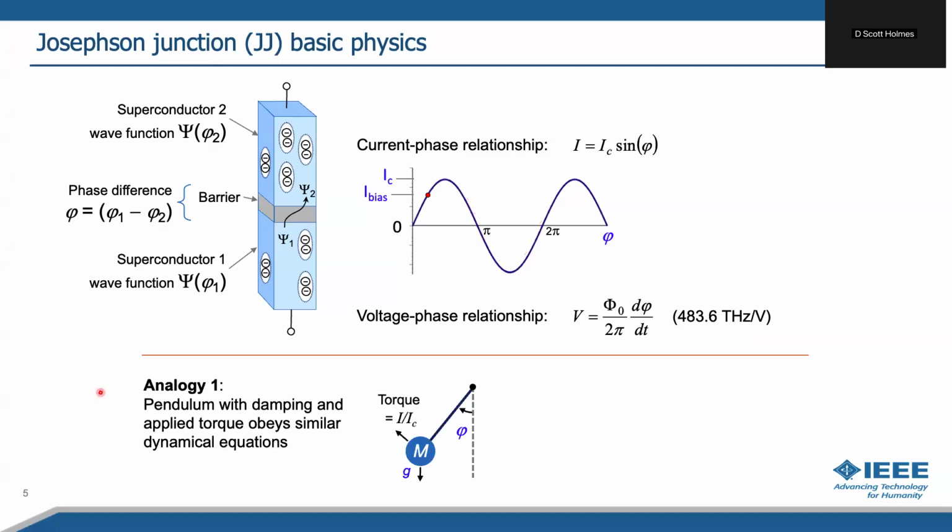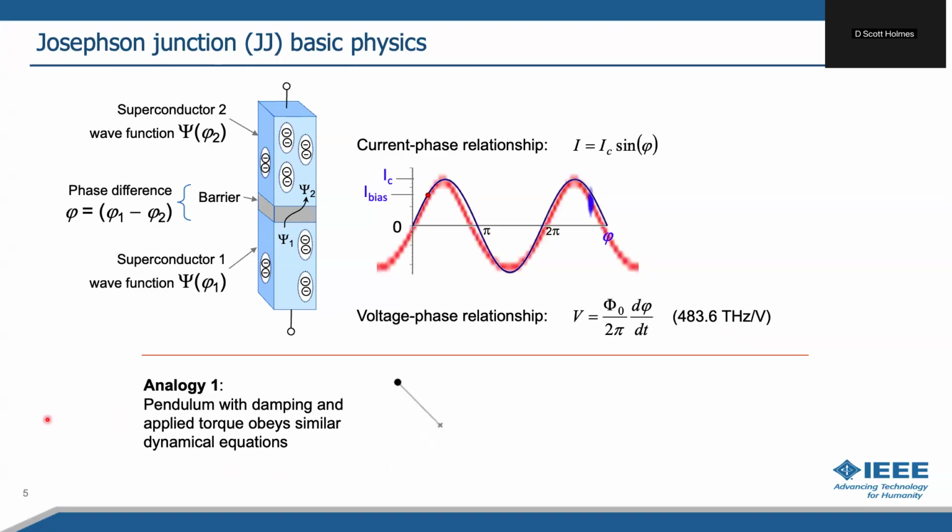Okay, an analogy for how this behaves is that it has the same mathematical equations as a pendulum with damping, where you're applying a torque. It obeys similar dynamic equations.